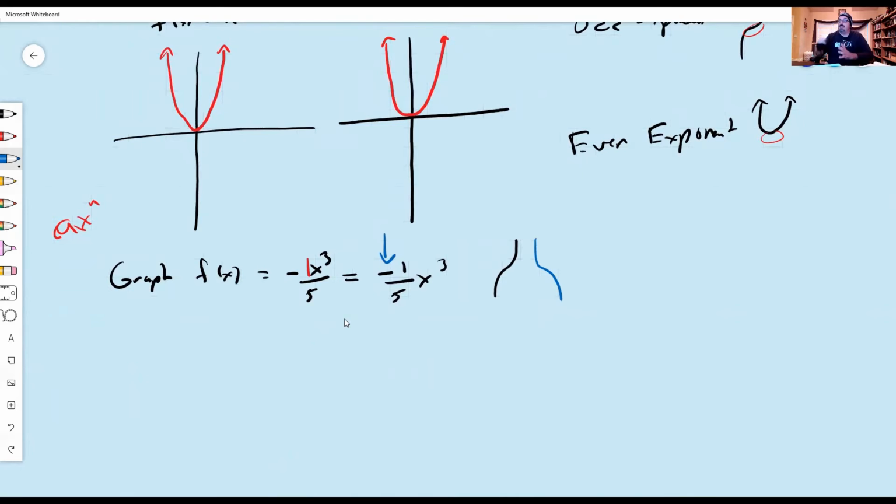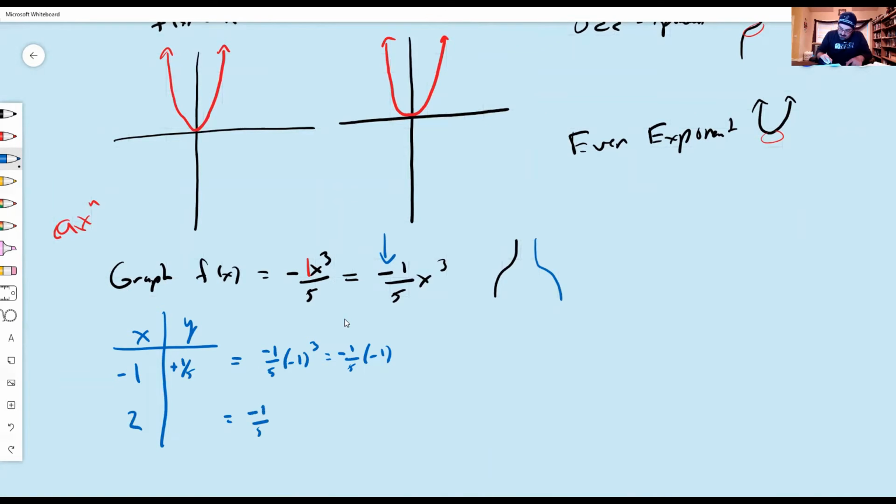We know we're going to be centered around 0. So make a table here real quick and choose a couple of points on either side of 0, one on the left side and one on the right side. I don't know, minus 1 and say 2. You don't want to choose too big, because x cubed or x to the 5th will grow very, very fast as it gets larger. Here we have minus 1/5 times minus 1 cubed. That's minus 1/5 times minus 1, or just plus 1/5.